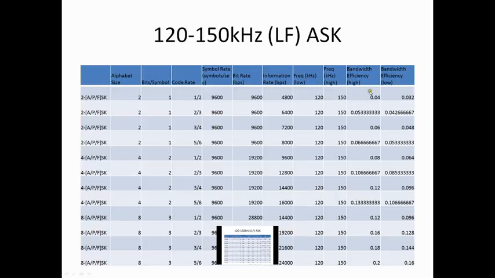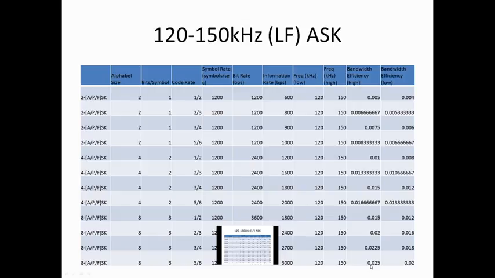And so we see the bandwidth, the high and the low, using each frequency. So these are all of our bandwidth efficiencies, and all these were calculated using the formulas in the previous slides. And as you can see, our range on this slide is 0.032 up into the 0.2.